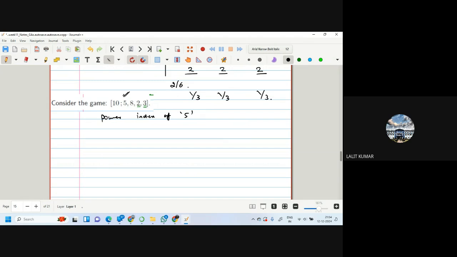Now see, I will solve it in a different way. There are 4 scenarios. First scenario is that 5 is at first place. Then it will always be 0. He cannot win. Second, 5 is at second place.